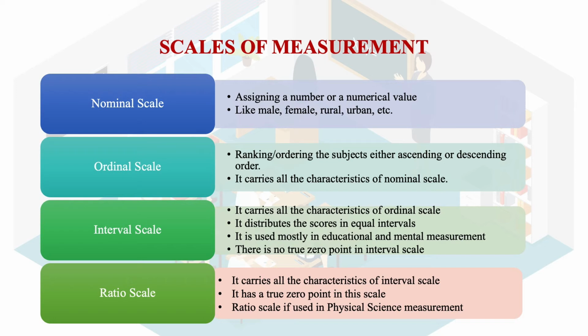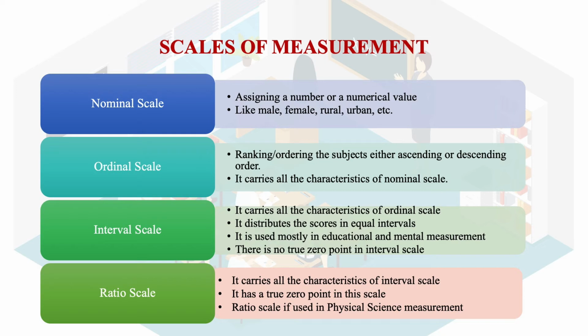Then the fourth or the highest level of scale is called the ratio scale. In a ratio scale of measurement, first of all it includes the characteristics of all the earlier scales, that is the nominal, ordinal, interval scales, and there is the presence of a true 0 point. Okay, true 0 point.